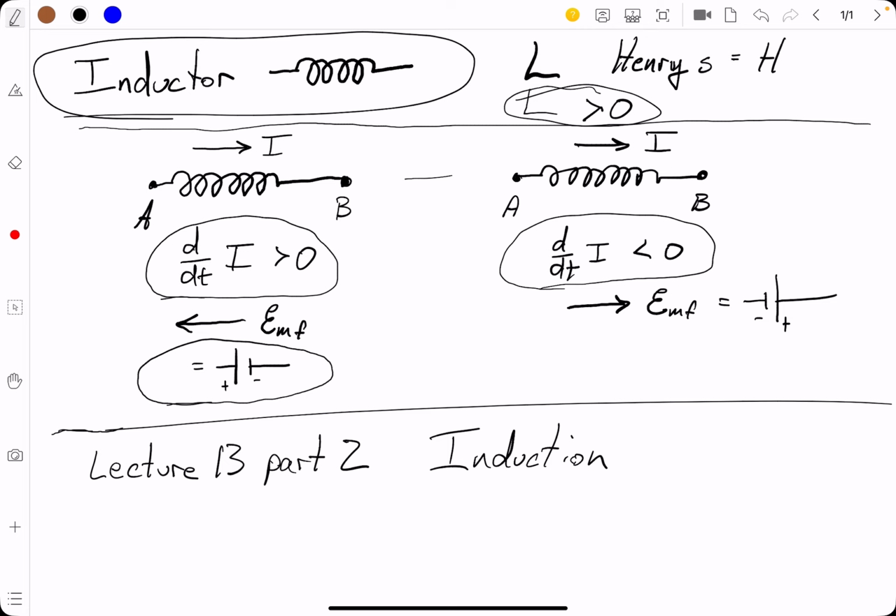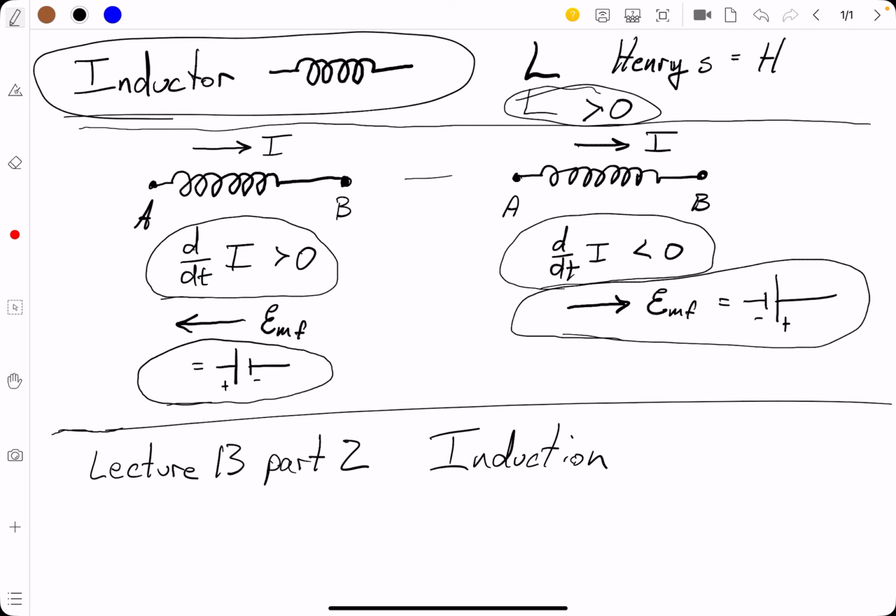And opposing the current that's going through. And on this side, when we are declining our current, well, Lenz's law forces a current to go this direction because the EMF wants to go and increase the current.